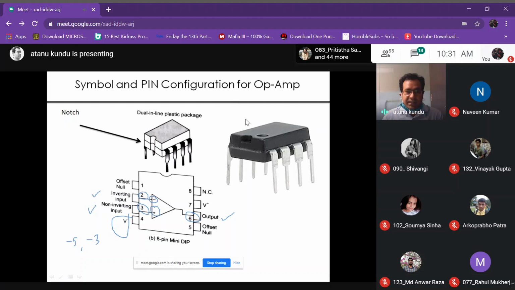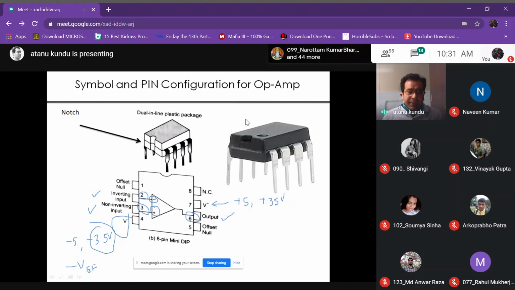In the last class we discussed that. And this positive terminal voltage, if this is -5, this should be +5, and if that is -35, this should be +35 volt. Basically we denote it as -VE.